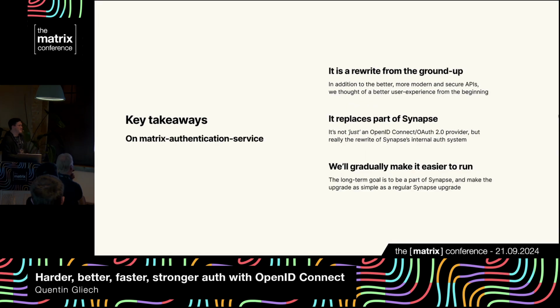On Matrix Authentication Service, this piece of software is a complete rewrite from the ground up of the whole authentication stack. It has been an opportunity for us to really rethink how user logins work, how we manage sessions, how we manage devices, everything. And we've put a lot of care and a lot of effort into this. It's meant to replace a part of Synapse.